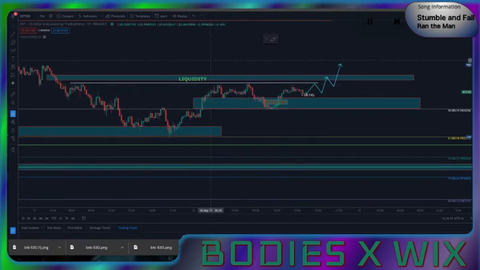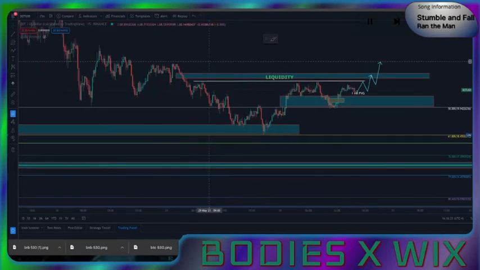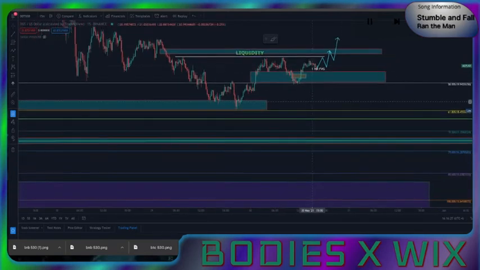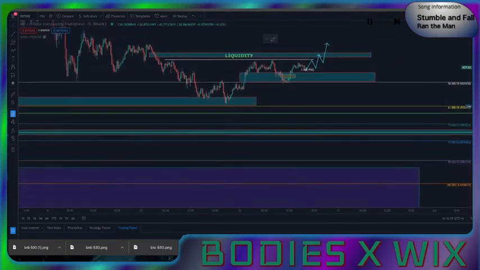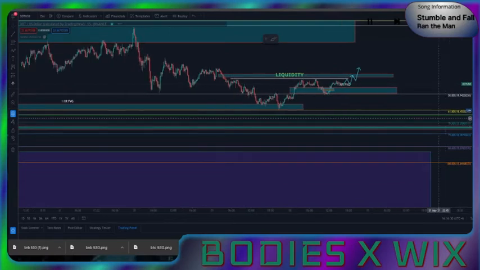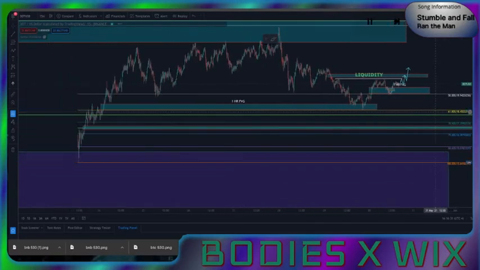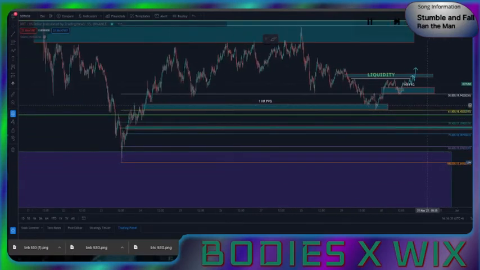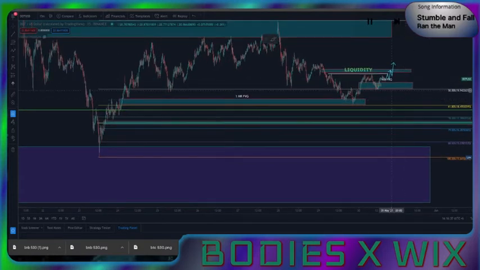But again, the only thing that worries me is that we are nowhere near where the institutions want the price to be. Whenever the institutions want to accumulate more, to add to their portfolio, to do more trading, to add more leverage, they want to do it anywhere below the 61.8, anywhere in between there, and usually the 79.